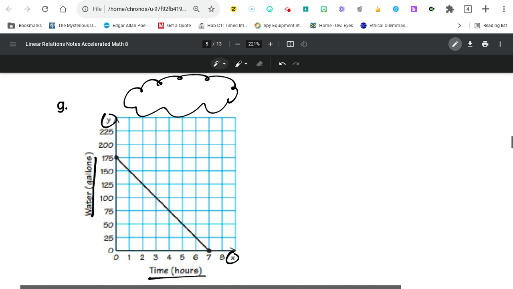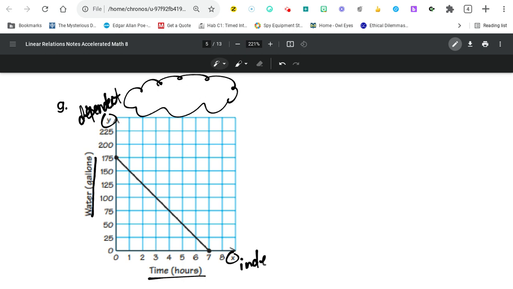So you all know that the y-axis acts as your dependent variable. Your dependent variable depends on your independent variable, okay? So when I get ready to write slope, slope is the change in y over the change in x.